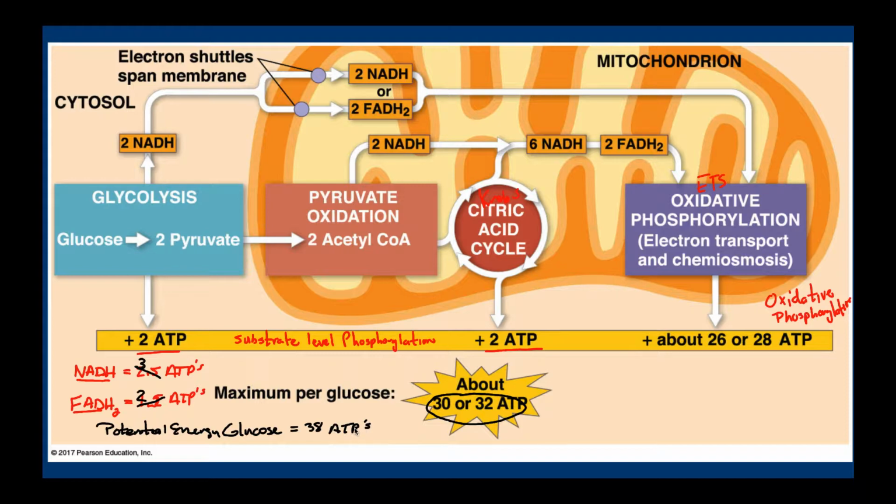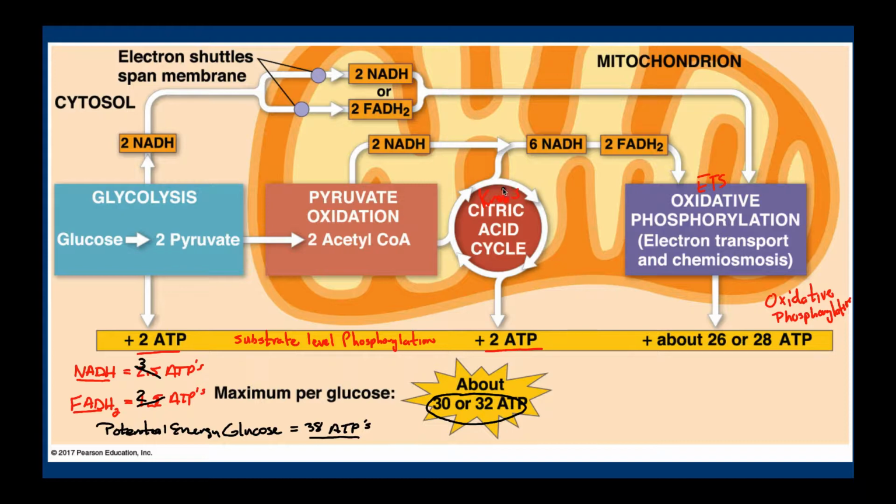But due to some of the constraints of how the cells manufacture those ATPs, the conditions that they operate under, we're never going to achieve that potential. And then we also have to abide by the laws of thermodynamics on top of that. So we're going to use our energy conversion of 3 ATPs for every NADH, 2 ATPs for every FADH2 to do our accounting here. So let's start over on the far side here.